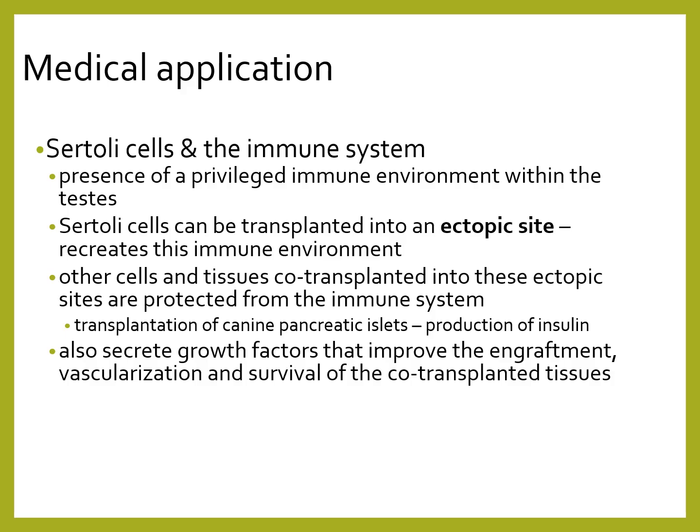This could have really important ramifications for organ transplants, because if you can transplant an organ into a host and surround that transplanted organ with live, viable, reproducing and secreting Sertoli cells, there wouldn't be the need for any tumor rejection drugs.